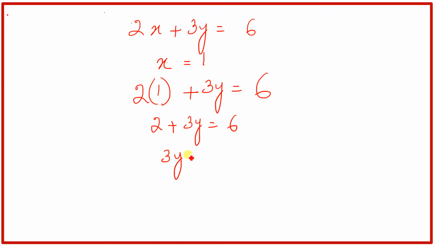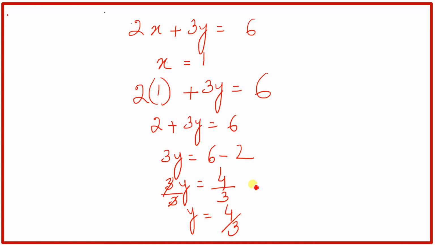We take the transpose of 2, it will be -2. 3y is equal to 4. The value of y is 4 over 3, which is a non-integer. So the solution of this equation is (1, 4/3).